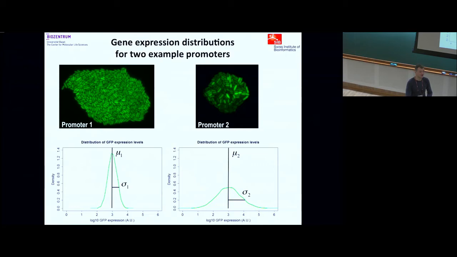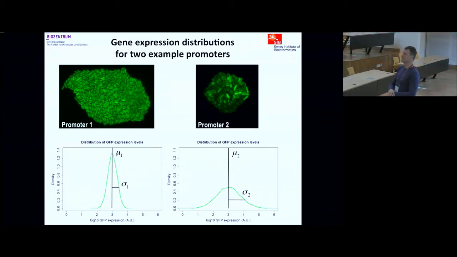It's actually hard to find promoters where this does not look Gaussian. Even with a Kolmogorov-Smirnov test with 50,000 points, half of the time you pass it. So for biology, this is as close as you get to a Gaussian, I would say. So you can characterize the distribution of each promoter by two numbers, the mean and the variance or standard deviation. So that's what we did.